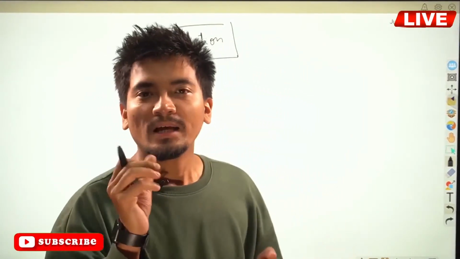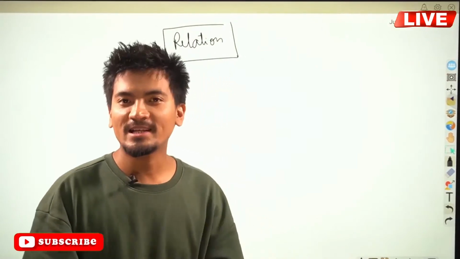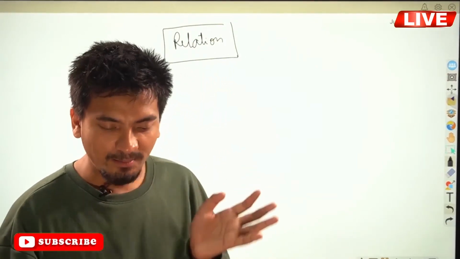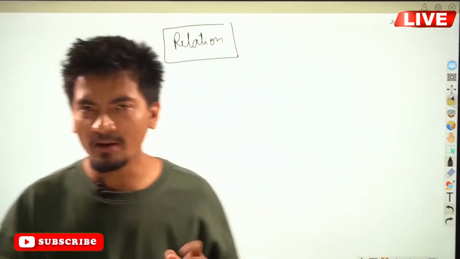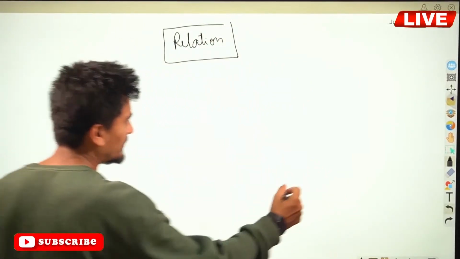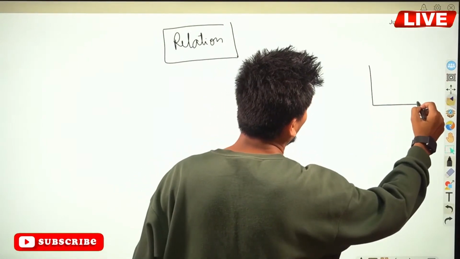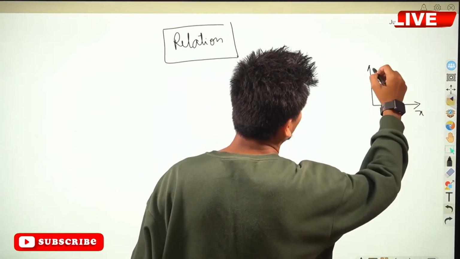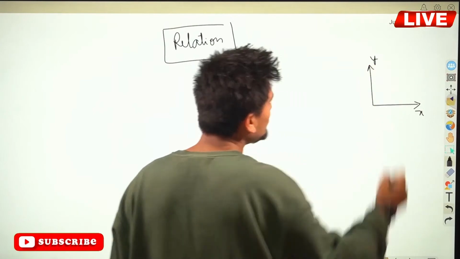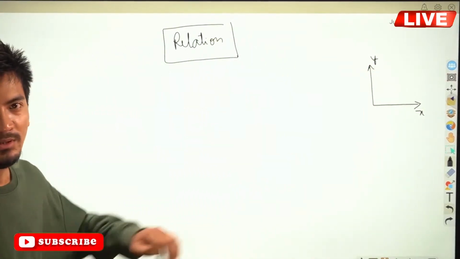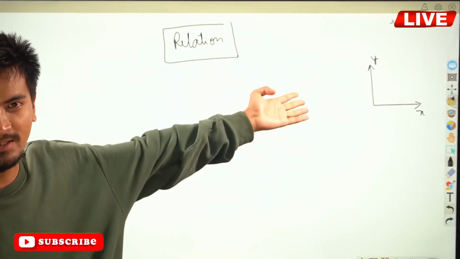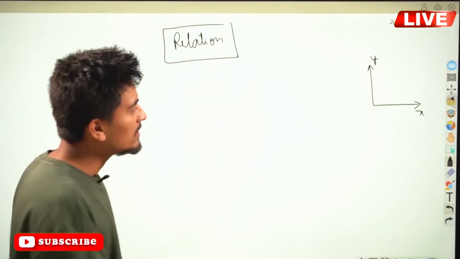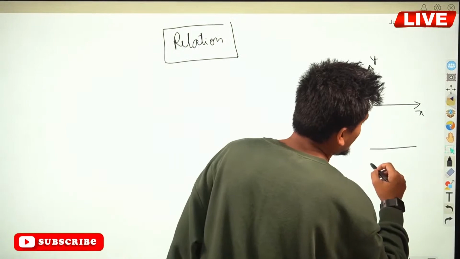Now, if I take mathematical examples, say for example, you have already learned about coordinate geometry, X and Y axis, right? So these two are in a relationship. Parallel lines.